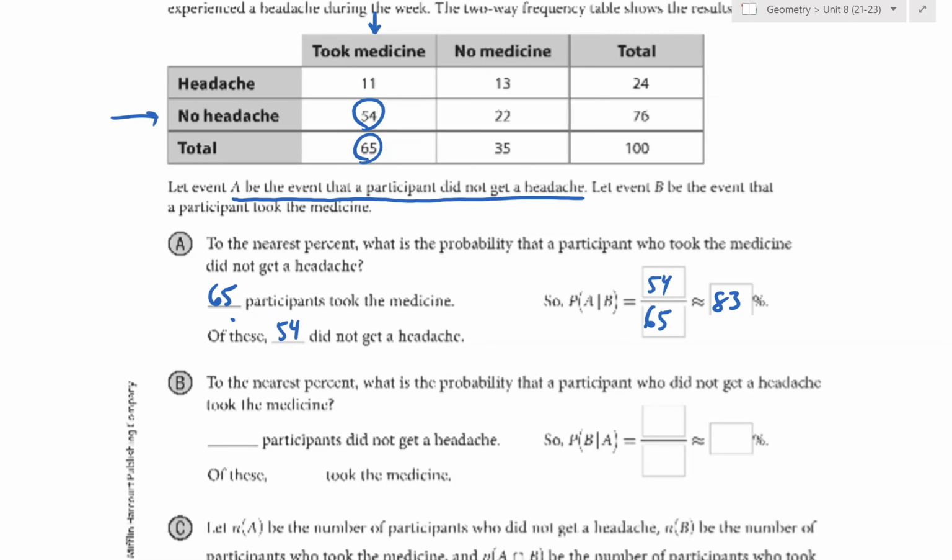So you go ahead and try part B. This time we're looking for the probability of B given A. See if you can fill in the blanks there to calculate what is the probability that somebody took medicine given that they did not get a headache.